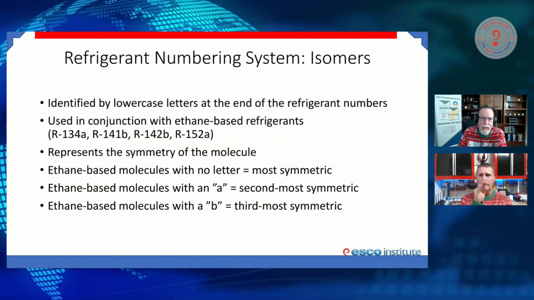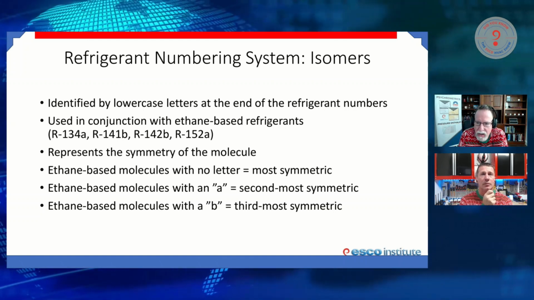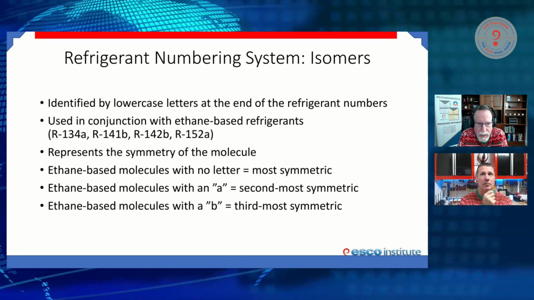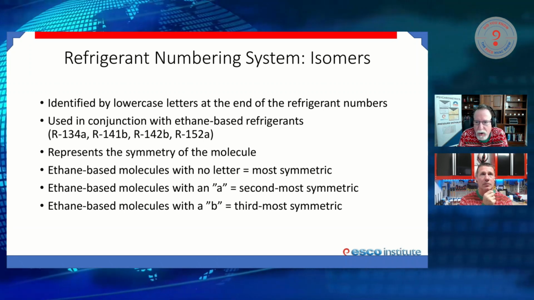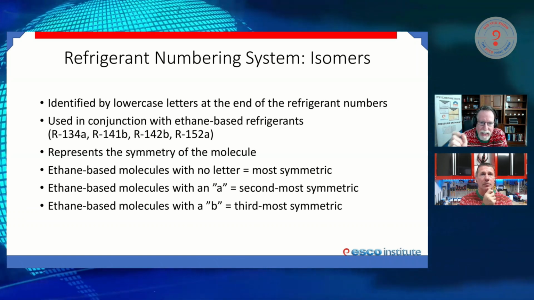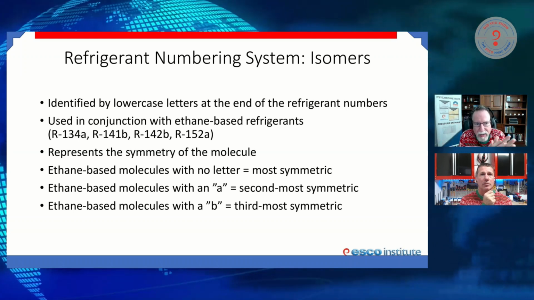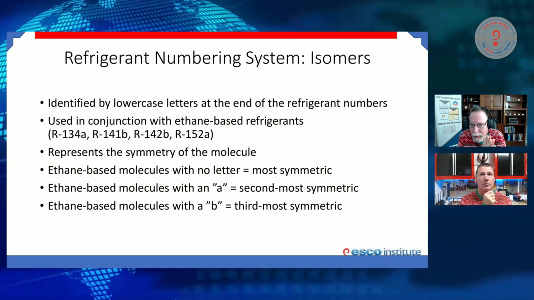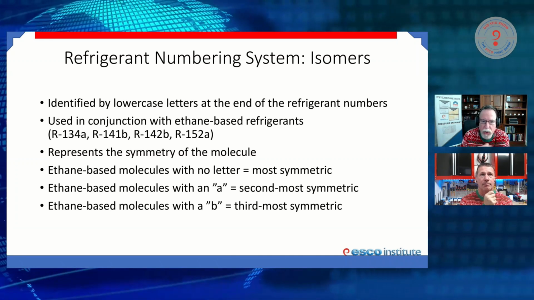And the issue is the lowercase a and the lowercase b that you might see in refrigerants. That indicates that the refrigerants are what we call isomers. The letter indicates that we have the same elements, the same atoms, but we're putting them together differently. And it has to do with how symmetric the molecule is.